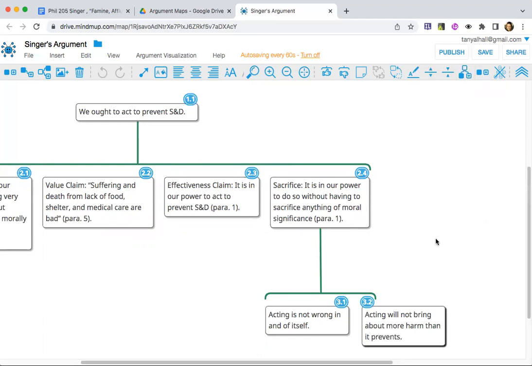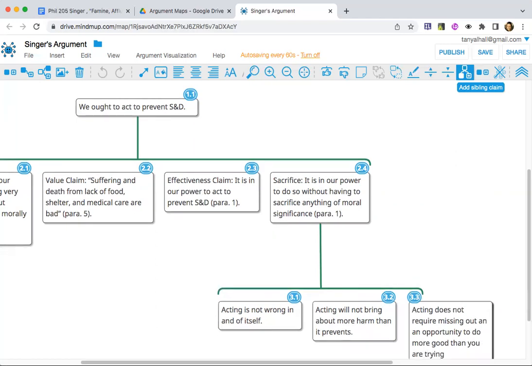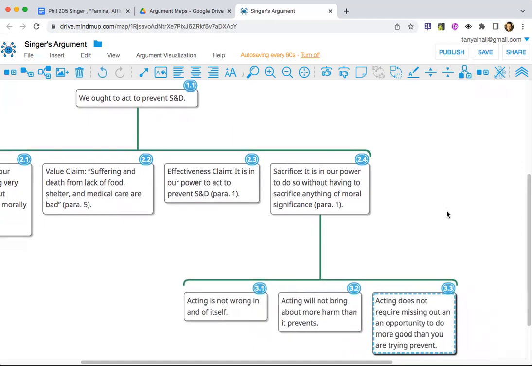You aren't going to cause more harm than the harm you're trying to prevent. Okay, I didn't word this super grammatically well, but it doesn't matter. Now, this is the way of wording it if we're talking about comparable sacrifice. This one can probably stay the same.